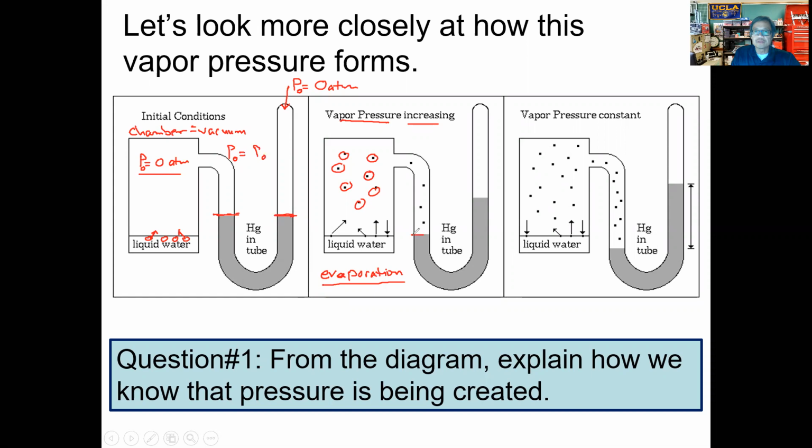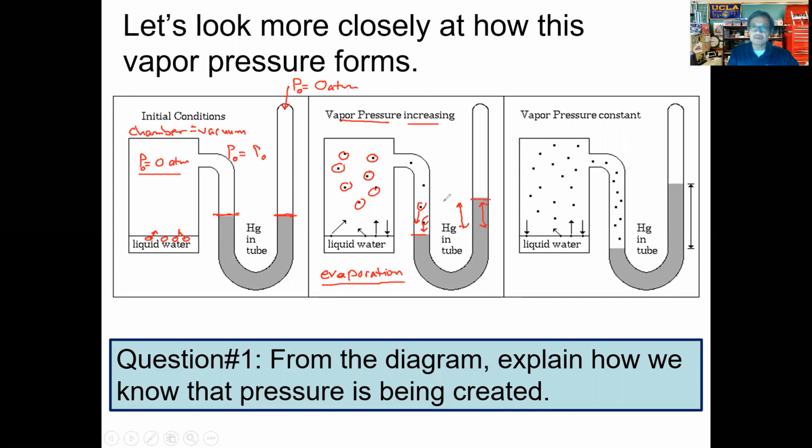If you notice, the right side of the column has increased. It has moved up. It has been pushed up. What does the pushing, except for these particles as they come out? They come down and push down on this side of the mercury tube, and as they push down, they push the other side of the mercury tube up.